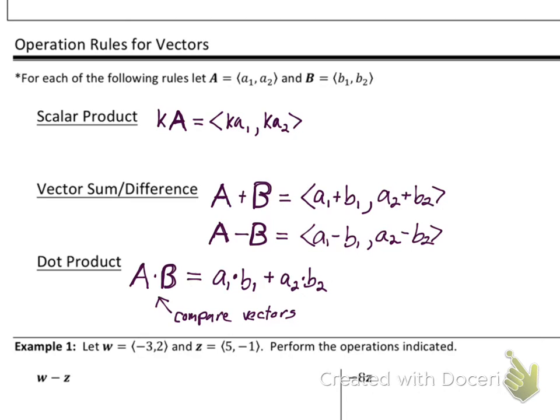Not so much for what we're doing with vectors, but if you get into more details with vectors, maybe in calculus, you're going to deal more with the dot product. All right, so dot product, one answer. Everything else gives us a coordinate point of the end of a new vector. So when I do the scalar product, I end with a vector. When I add or subtract, I end with a vector. When I use the dot product, I come up with just a number that's used to compare them.